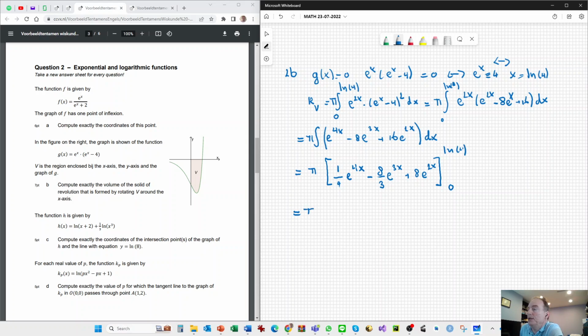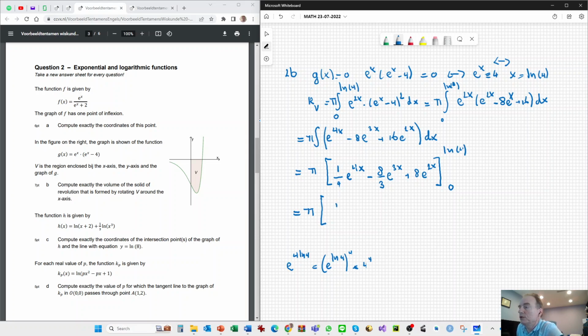So I get pi, then evaluate that whole thing at log 4, so I get e to the power 4 log 4, but that's just, well, you can for example write it as e to the power log 4, to the power 4, which is just 4 to the power 4.